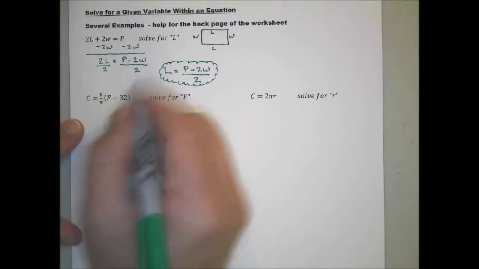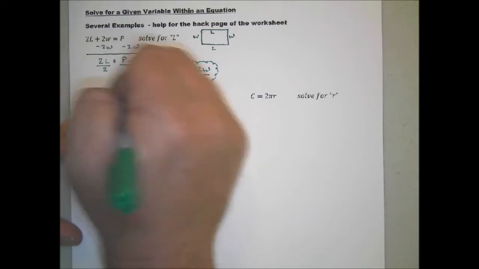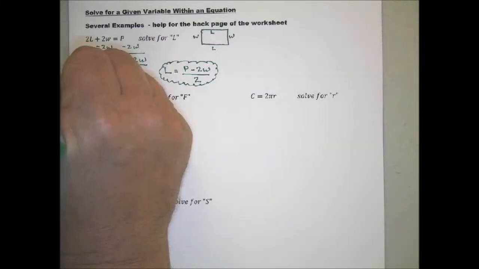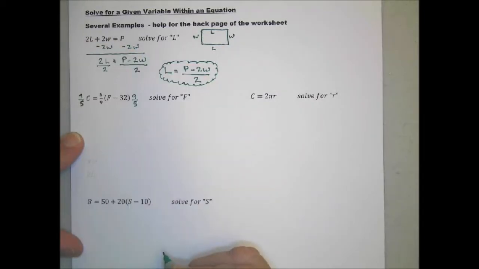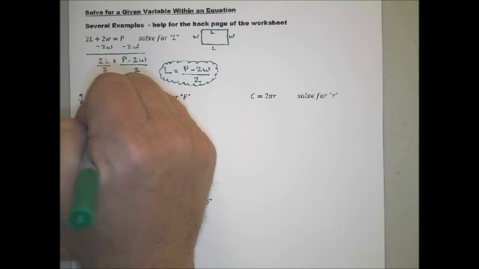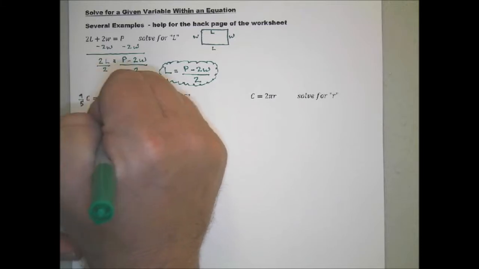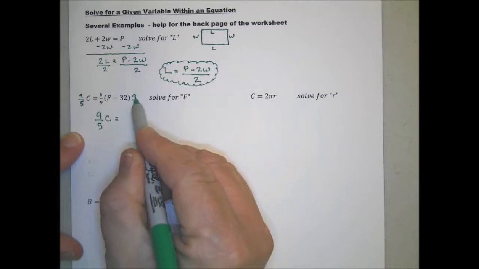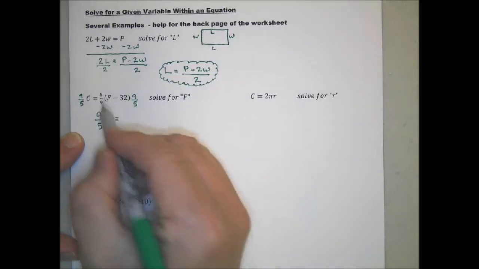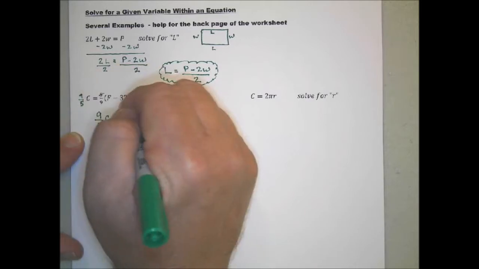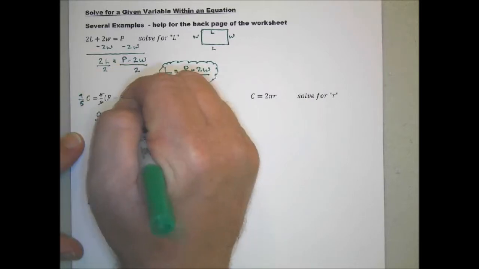I'm going to multiply this side by 9/5. I guess I'll put it right here. And I'm going to multiply this side by 9/5. Now, what I've got here is 9/5 C equals, now, the new 9/5 multiplied by the 5/9, the reason I used the reciprocals would be so they reduce each other down to 1.